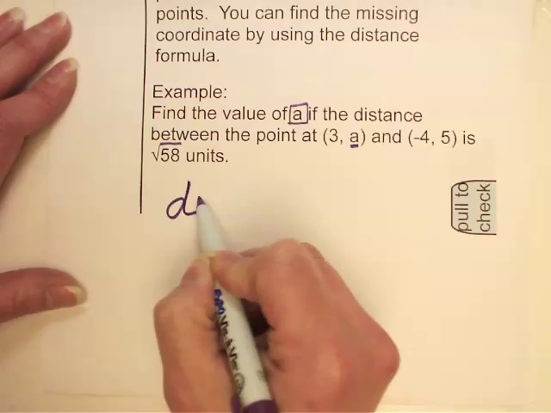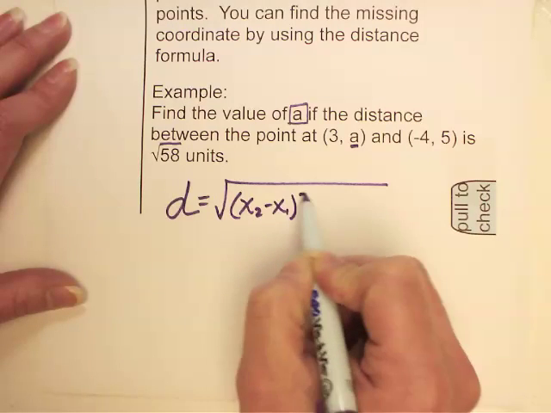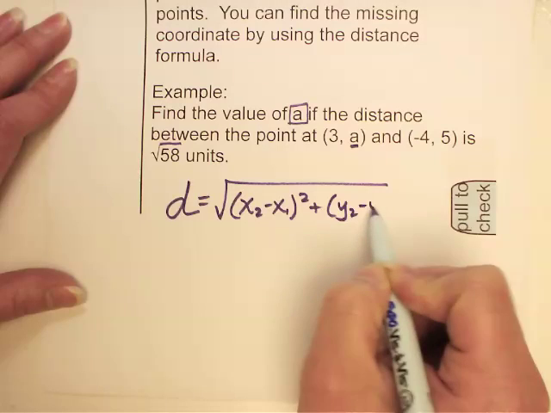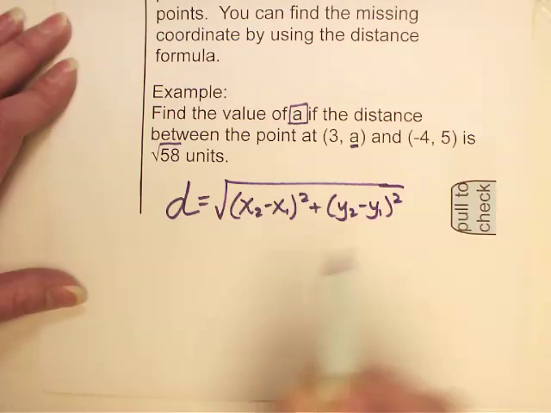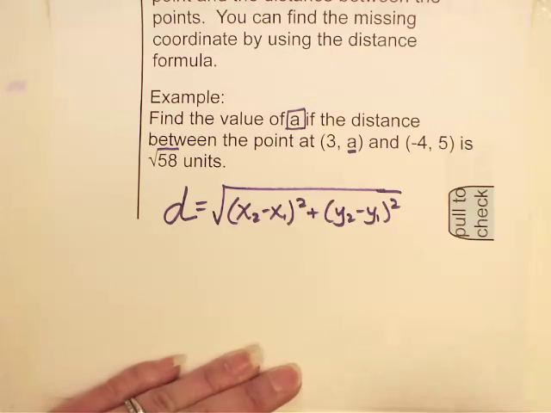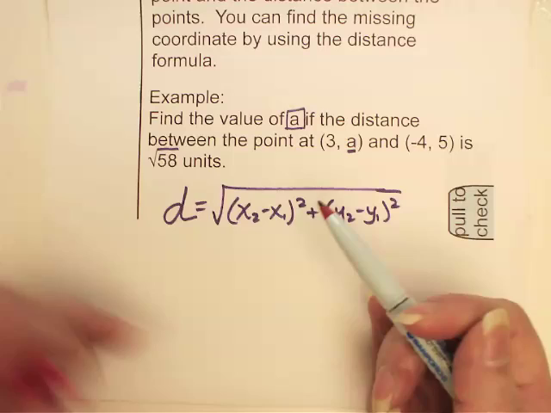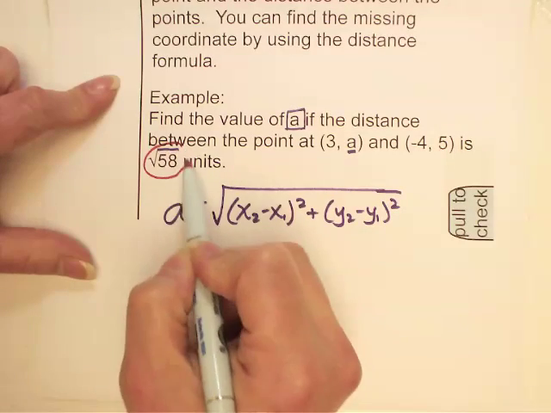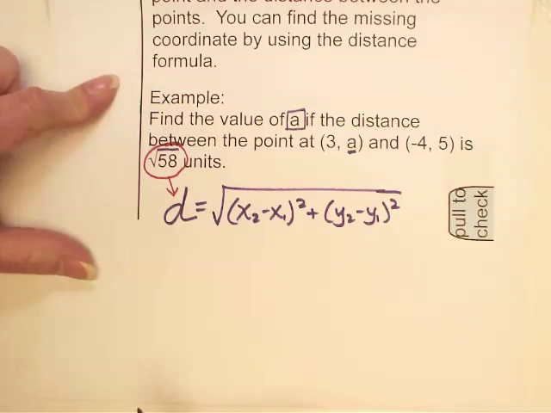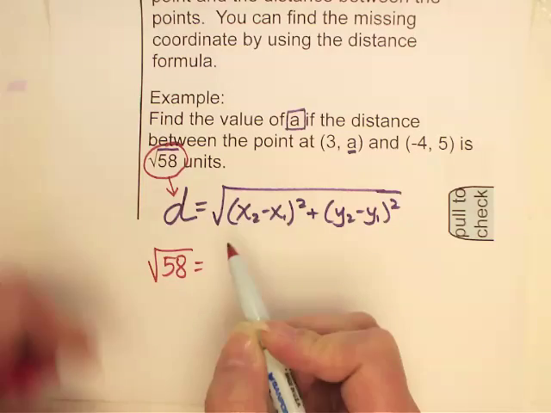D equals the square root of x sub 2 minus x sub 1 quantity squared plus y sub 2 minus y sub 1 quantity squared. I'm going to fill in all of the information I can fill in. They gave me the distance, so I'm going to fill in my distance. So my distance is the square root of 58.